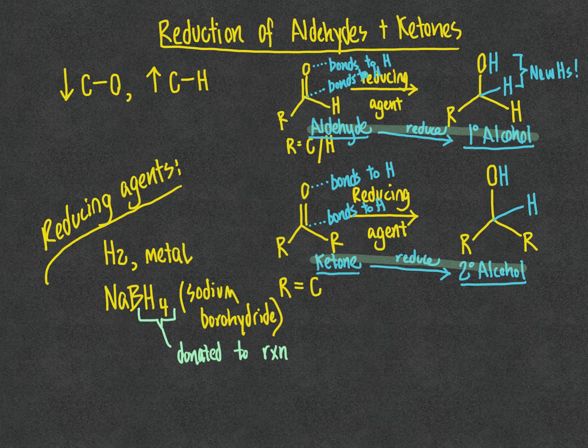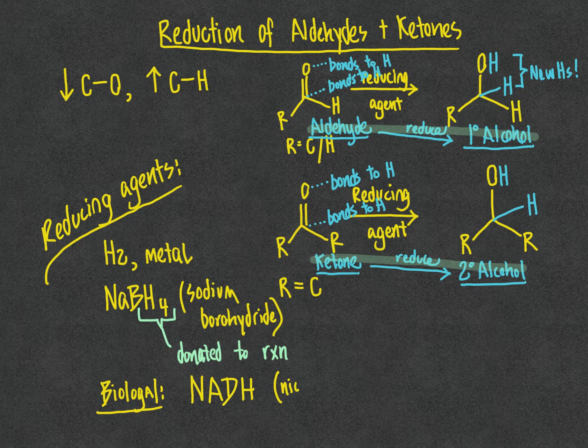Finally, as our last example of a reducing agent, this one is our biological example. In reactions that involve reduction in biological systems, which are very common since aldehyde and ketone groups are common in biology, a typical substance that is used to facilitate reduction is referred to as NADH, or spelled out, nicotinamide adenine dinucleotide.